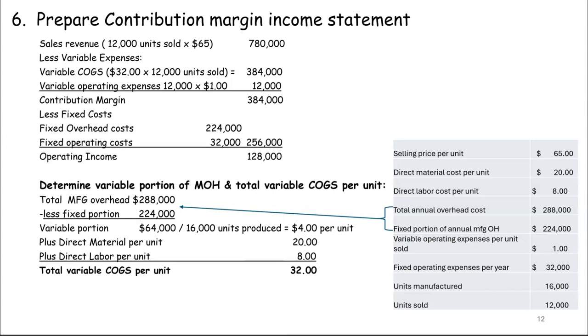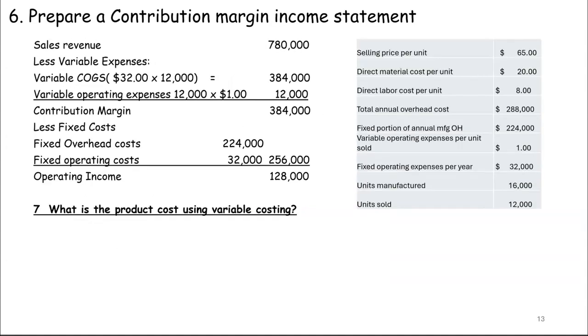And now we subtract our fixed costs. And our operating income, as you can see, is different. It's 128,000, which is less than under absorption costing. Now, what is the product cost using variable costing? It is $32.